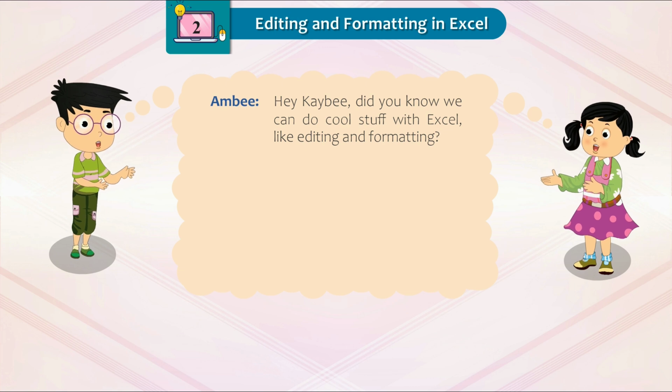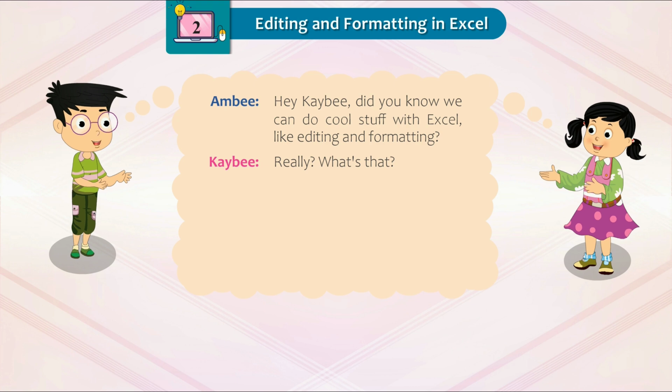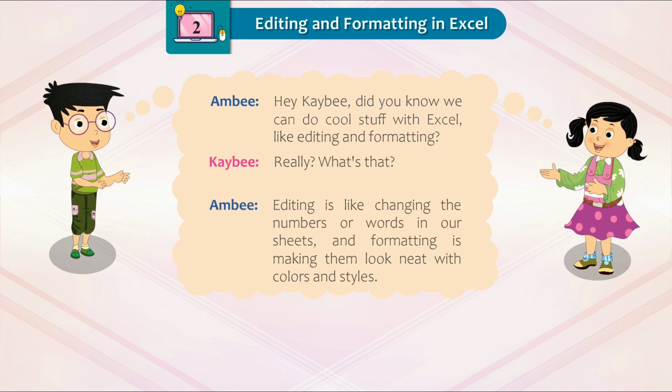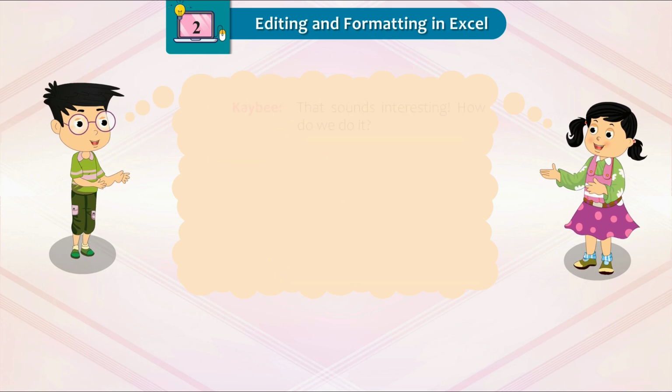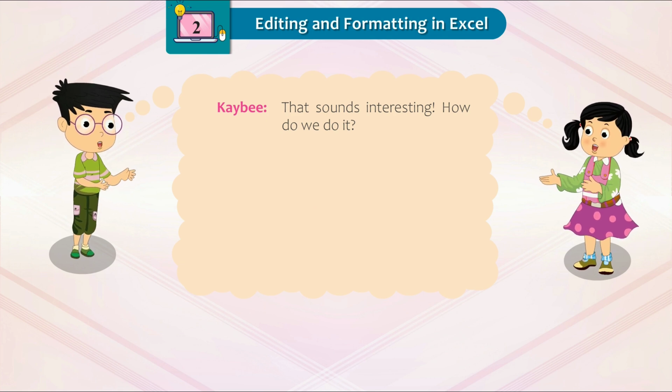Ambi: Hey KB, did you know we can do cool stuff with Excel like editing and formatting? KB: Really? What's that? Ambi: Editing is like changing the numbers or words in our sheets, and formatting is making them look neat with colors and styles. KB: That sounds interesting. How do we do it?